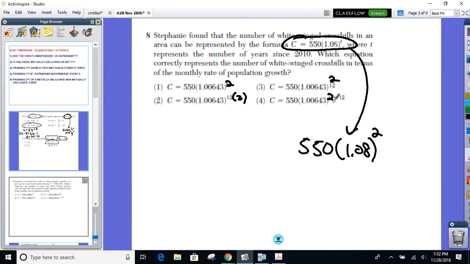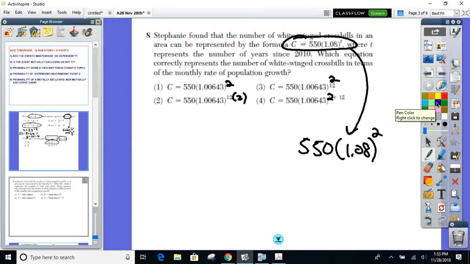That's parts 2, 3, and 4. Which one comes pretty darn close? It's raised to the 12T. Yep.